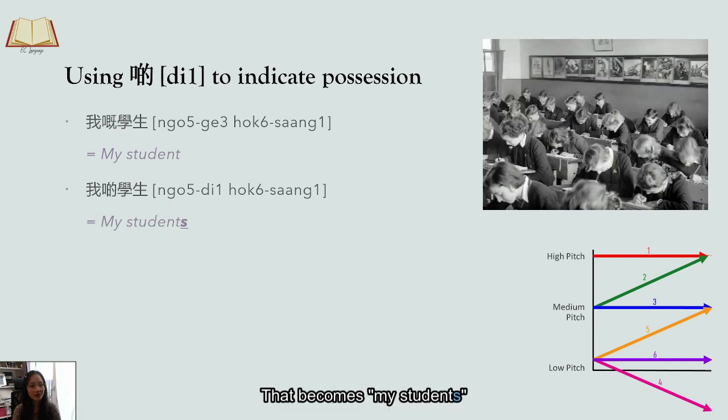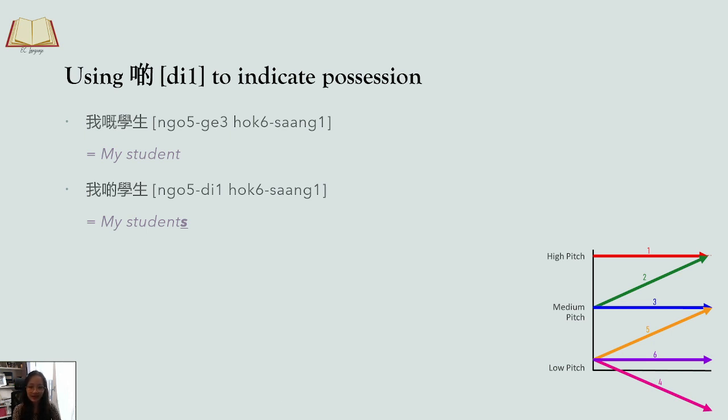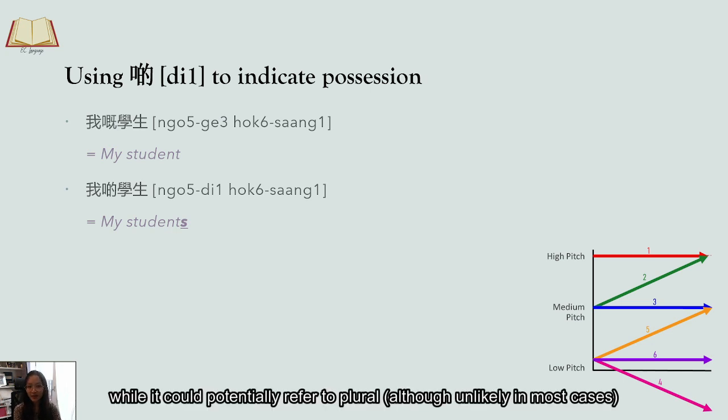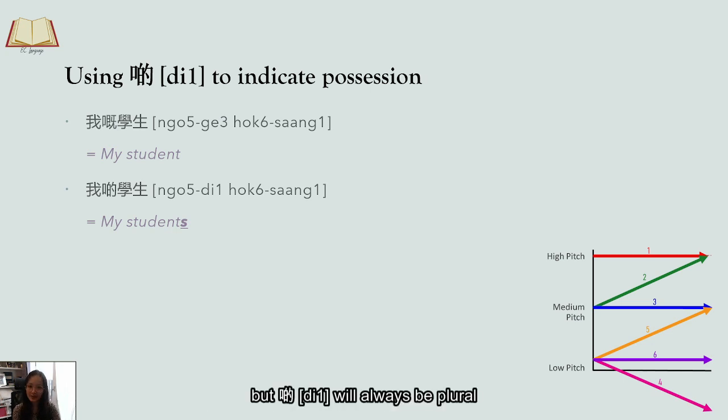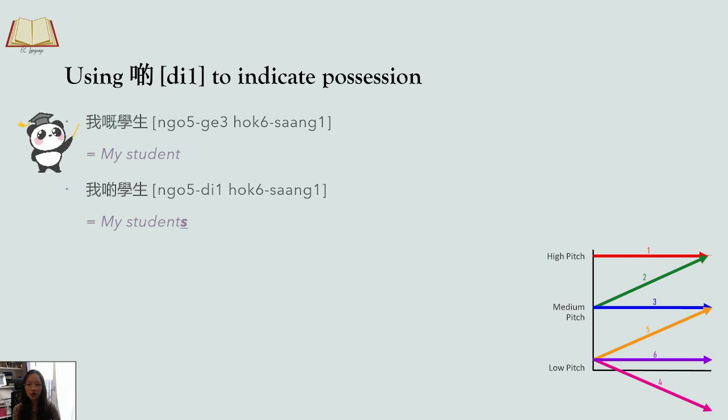That becomes my students. It's very obvious now that 學生 is pluralized because of the di. Ge usually refers to singular, but it could potentially refer to plural, but di will always be plural. So 我嘅學生, 我啲學生, my student versus my students.